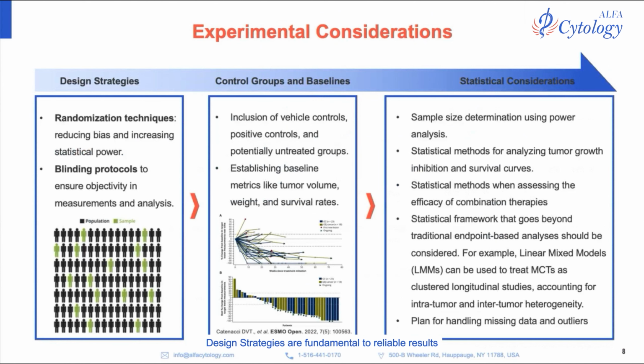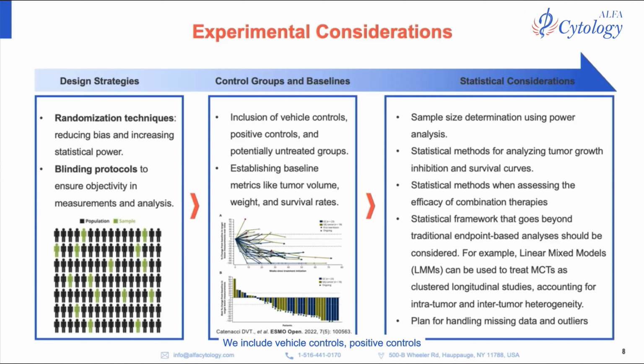Design strategies are fundamental to reliable results. By applying randomization techniques, we reduce bias and enhance the statistical power. To maintain objectivity, we also use blind protocols in both measurements and analysis. In control groups and baselines, proper setup of the control group is crucial.